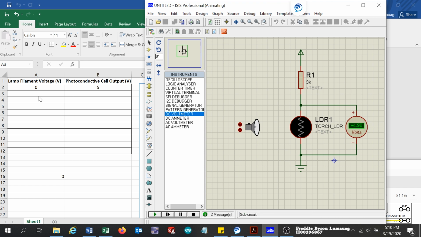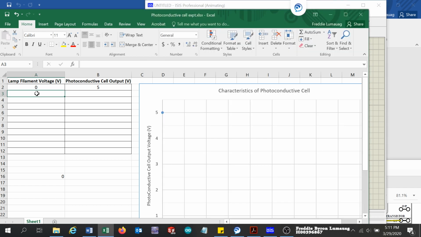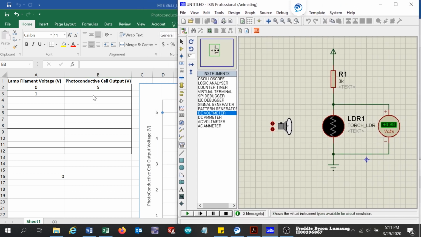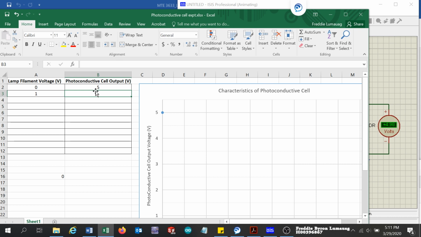So I will consider this as 1. Say, for example, this is 1 volt or 1 unit. So there will be 10 units for the distance, and the voltage here, according to our reading here, is 4.98. So I will put here 4.98.